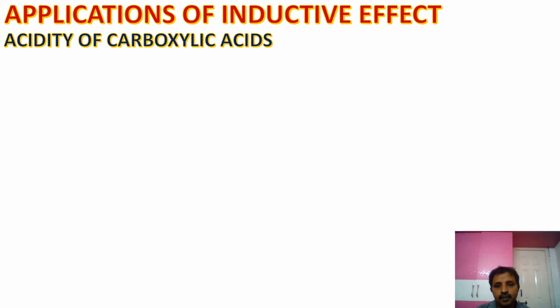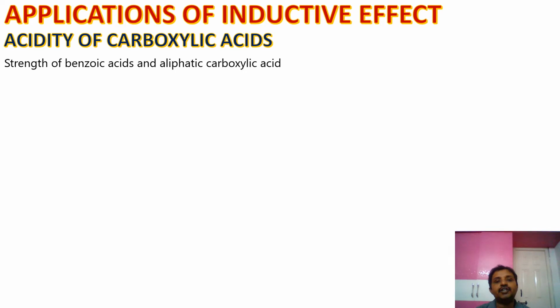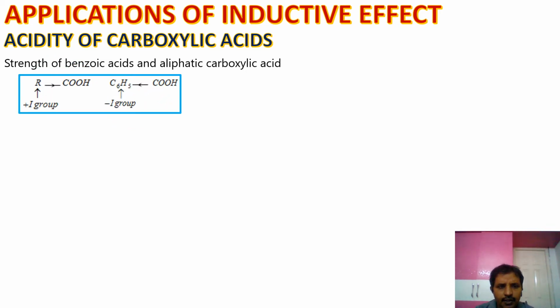Now the next topic is the strength of benzoic acid and aliphatic carboxylic acids. Let us discuss the comparison between the strength of benzoic acid and aliphatic carboxylic acids. We know that alkyl groups are electron donating groups.